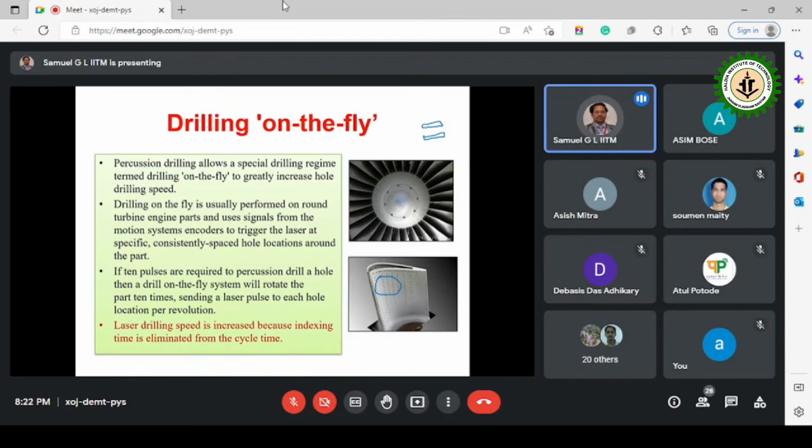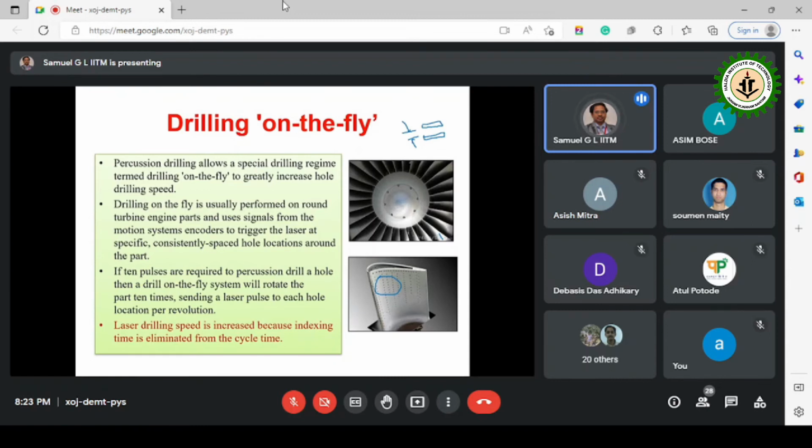Now, how do we utilize this time between the pulses? Time is very important in production, so they wanted to utilize the time between these pulses. For that, you have the turbine blade, which has the capability to rotate. Mount it on a motor, and make the pulse fall first on this spot, say 1.